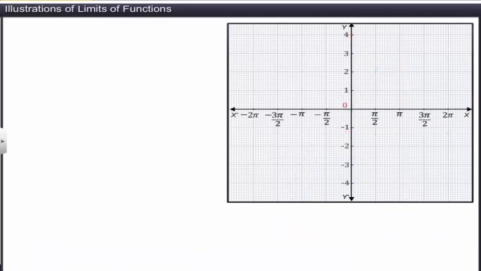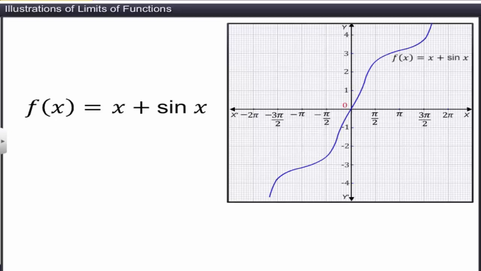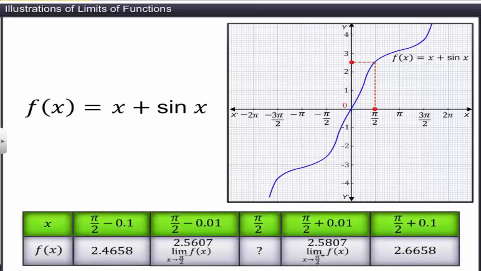Next, we will move to a trigonometric function. The graph of the function is as shown. We will check whether the limit of the function exists at pi by 2 and determine the value of the limit. The table here shows the limit of the function close to the values of pi by 2. In the table, the values close to pi by 2 are taken with a difference of 0.01 to the left and to the right.